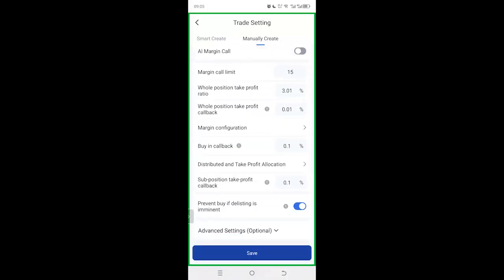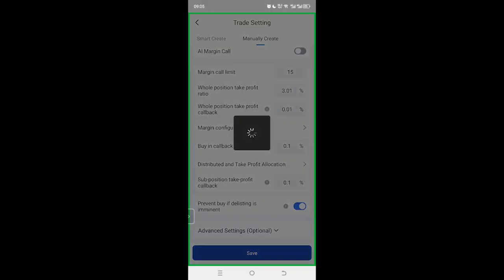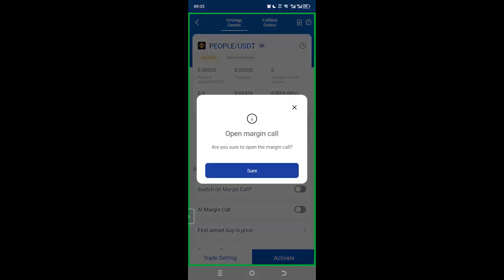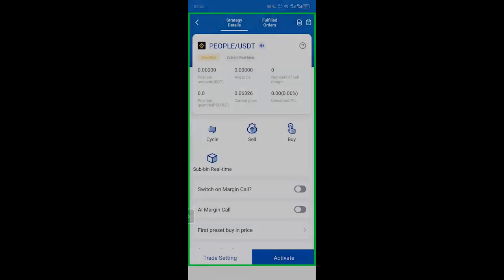Then, just because of time, you come here. After coming here, make sure you open your margin call. Now, someone can decide and say, what if the market keeps going down and I don't have any other capital? What am I going to do?